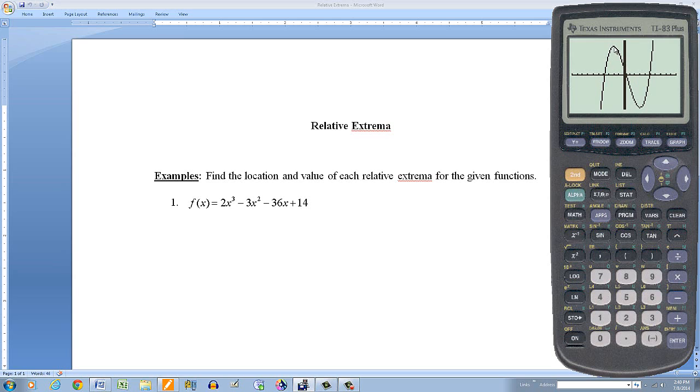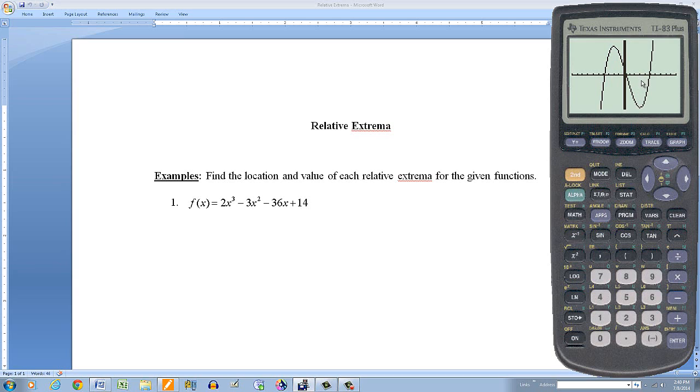The first component of that point is the critical number or critical value of the function, and the second component is the actual maximum. If I go to this one right here, the first component is the critical number, and the second component of that point is the minimum value or relative minimum.